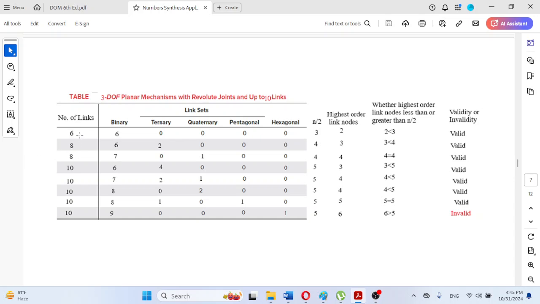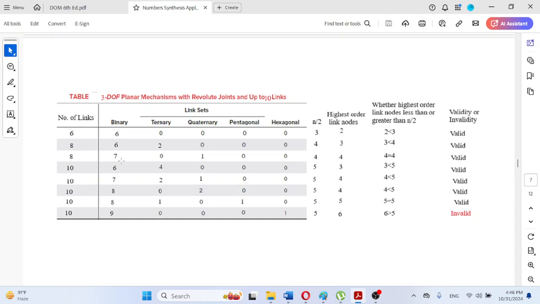And if the total number of links is 8 for 3 DOF, it gives two sets, and here n by 2 is equal to 4. Here the highest order link is the ternary link, which has 3 nodes, so 3 is less than 4, so this is also a valid set.